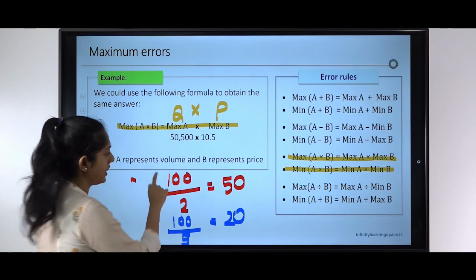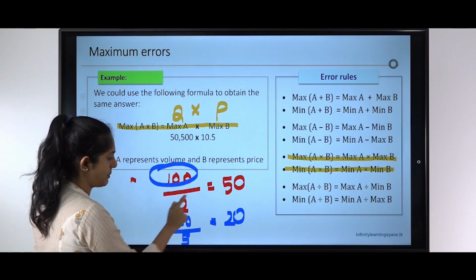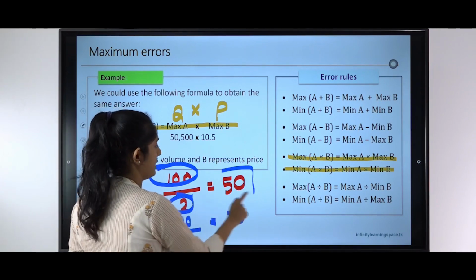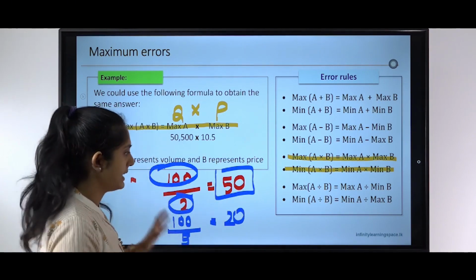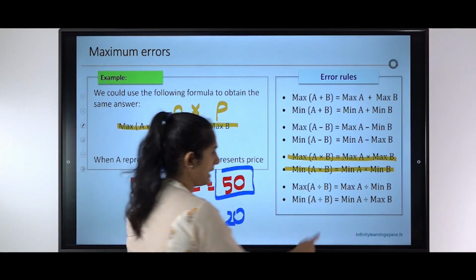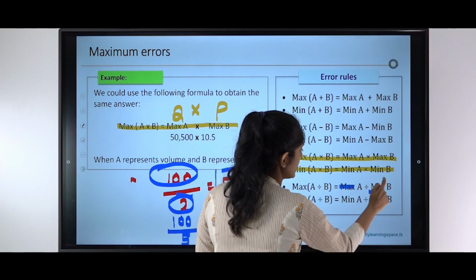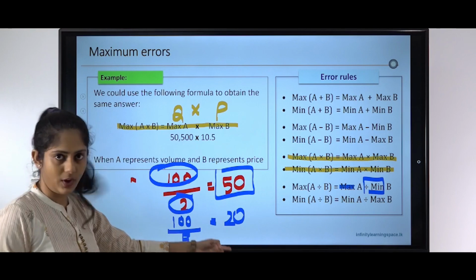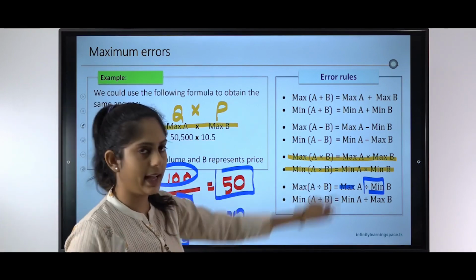So see, on top the value has to be large, bottom value has to be small. Then only your answer is bigger. That is why the maximum of the division should be highest A and lowest B. Both being high won't help. See, both high gave you a small answer. That's why highest A and lowest B.